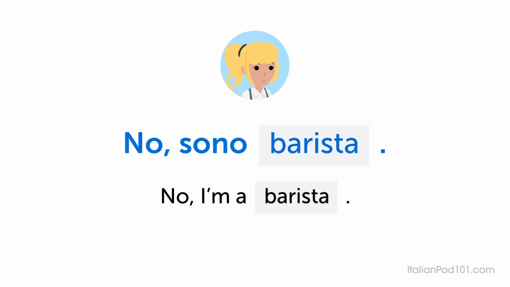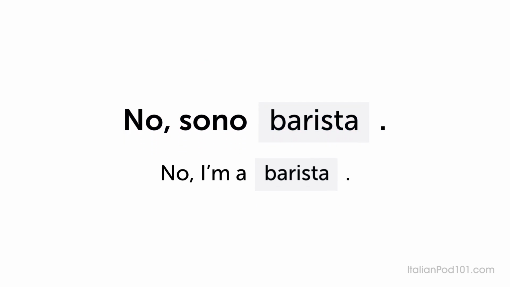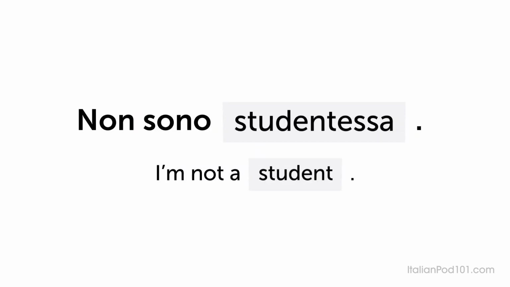No, sono barista. No, I'm a barista. When directly responding to someone's question, it's often possible to omit part of the response. Here, by simply answering No, there's no need to say, non sono studentessa. I'm not a student.